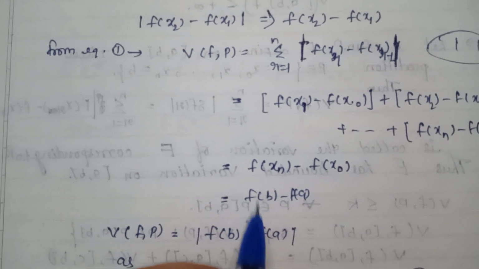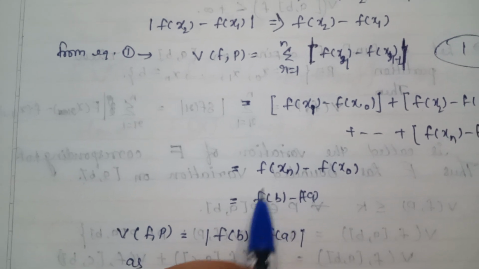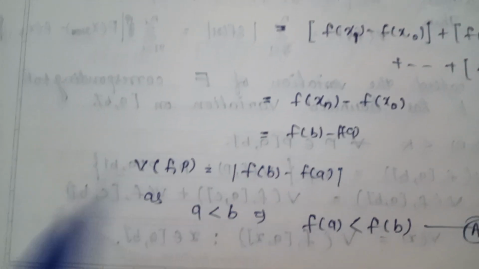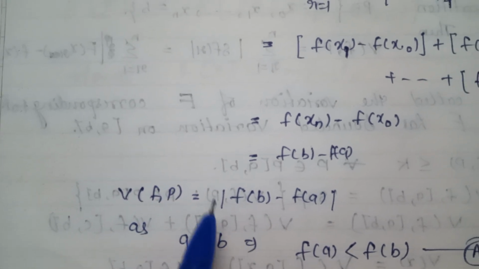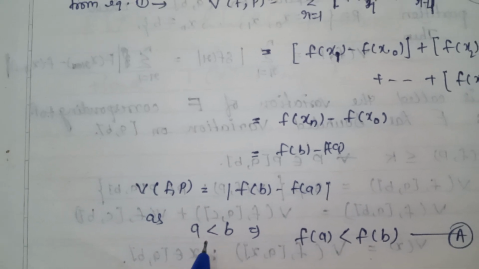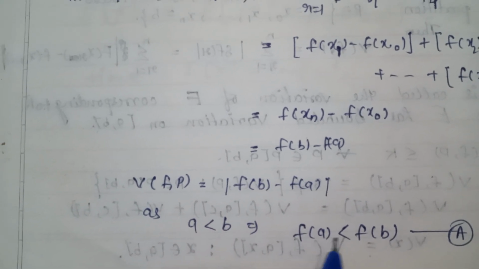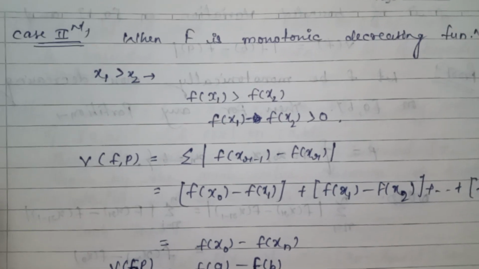So here xn is b and x0 is a, so f(b) − f(a). V(f, P) = |f(b) − f(a)|, as a is less than b, so f(a) is less than f(b), which is equation number A.